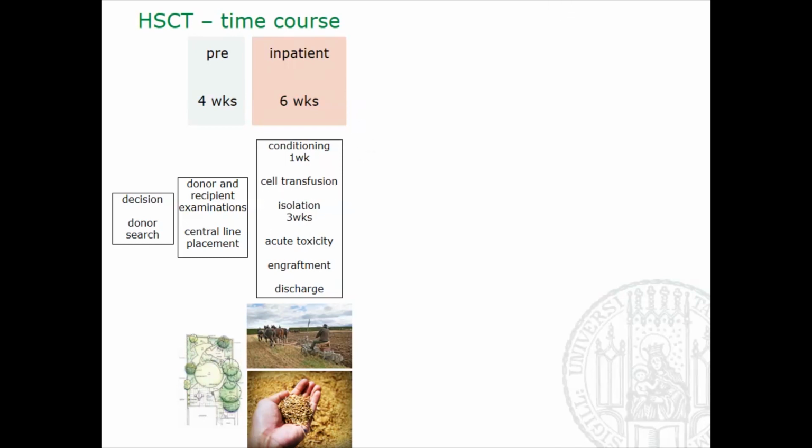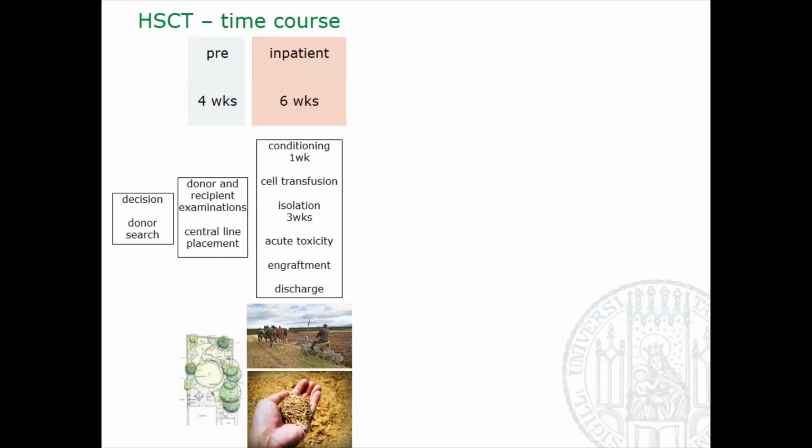After that, the patient will have to stay in isolation for about 3 weeks, meaning that he will have filtered air and will have to stay in his room, and the caregivers, nurses, doctors, parents, whoever, if they enter the room, they would wear gowns and mouthpieces, but these strategies differ a little from center to center.